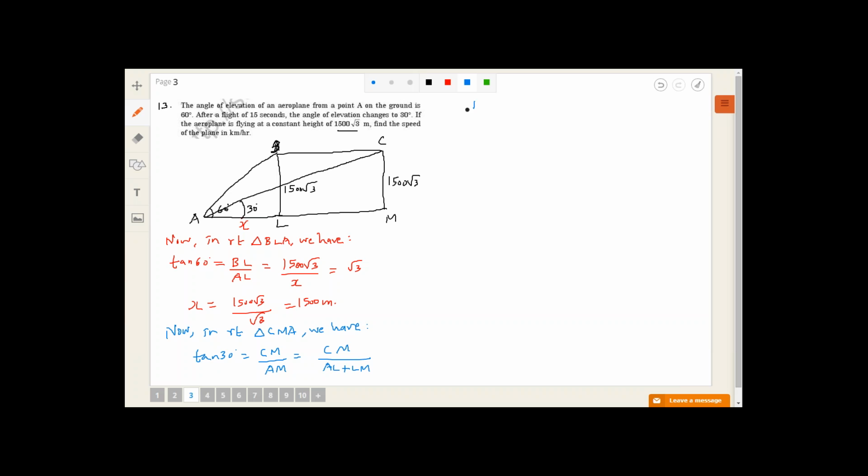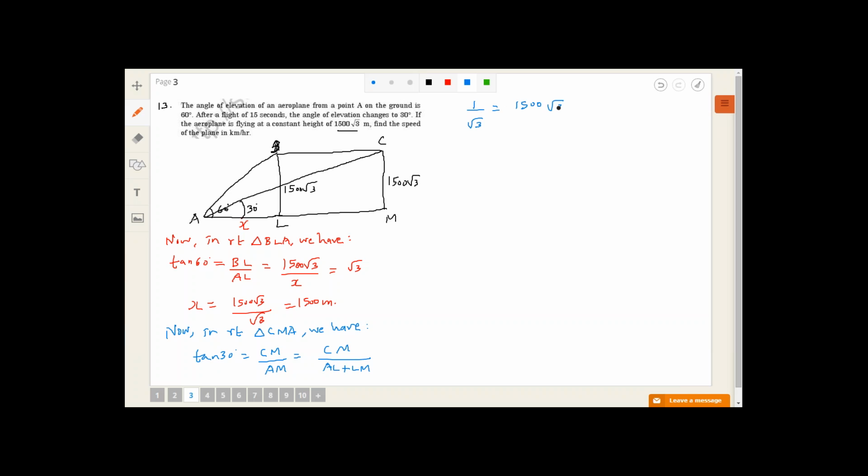So tan 30 is 1 by root 3. 1 by root 3 is equal to CM by AM. CM is nothing but equal to BL, which is 1500 root 3, which is given as the aeroplane is flying at a constant height of 1500 root 3 meters, which is given in the problem.